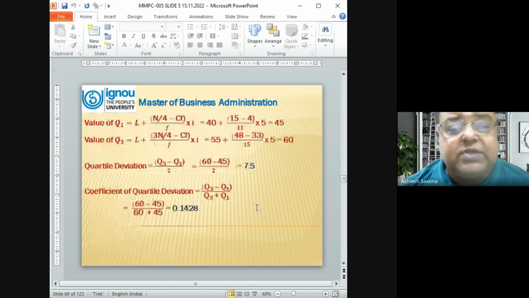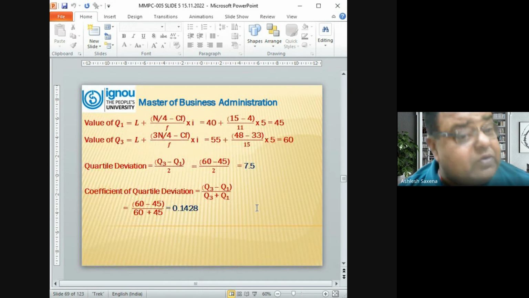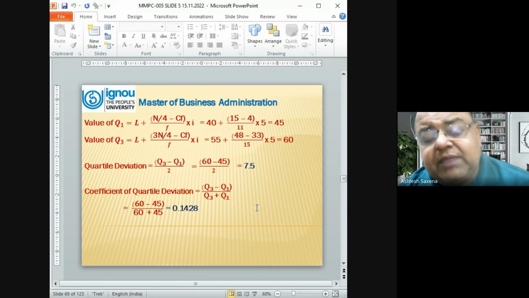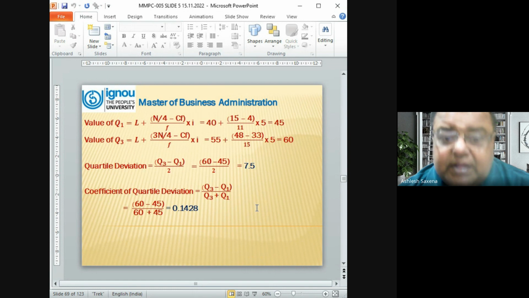I will be using the relation Q1 is equal to L plus n by 4 minus Cf upon F into I. And for Q3, it is L plus 3n by 4 minus Cf upon F into I. After imputing the values, you will get two values. One as Q1, that is 45, and Q3 as 60. Your quartile deviation will be Q3 minus Q1 divided by 2. That comes out to be 7.5.